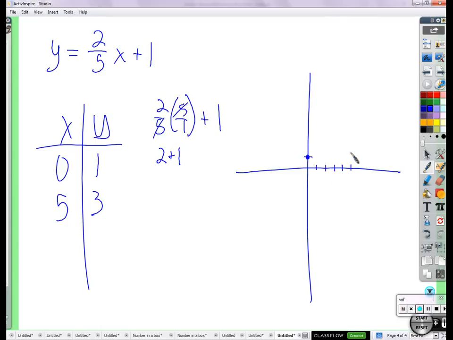And if I move up 2, I'm at 3. And all of the other points, if we were bothered to plot them, would just eventually meld and melt into this straight line.